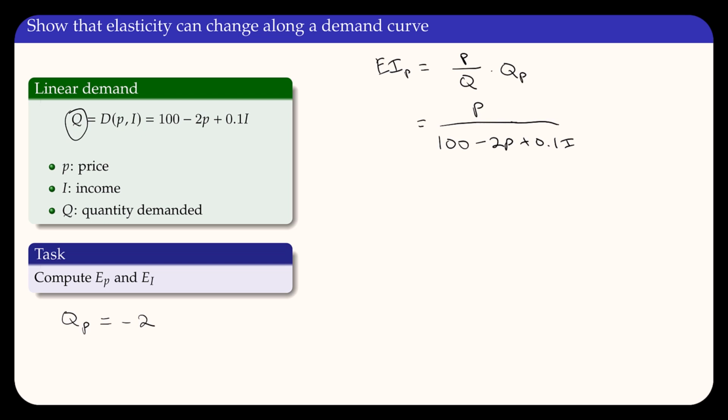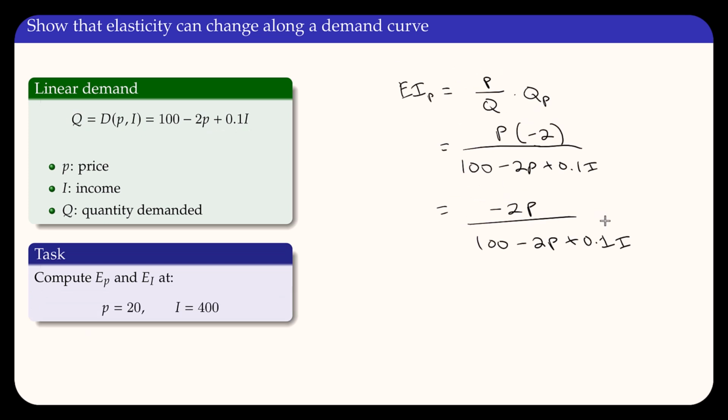Notice I'm using the function itself. And the derivative is negative 2. If I try to simplify this expression, I'm not going to have a lot of luck. In fact, I might just rewrite it as negative 2P divided by 100 minus 2P plus 0.1 times income.